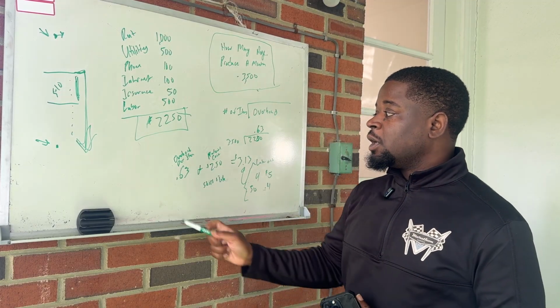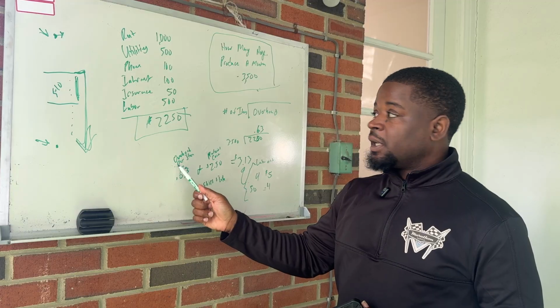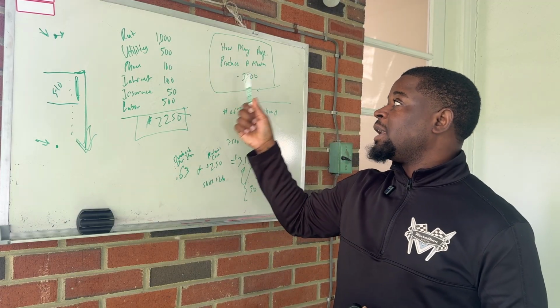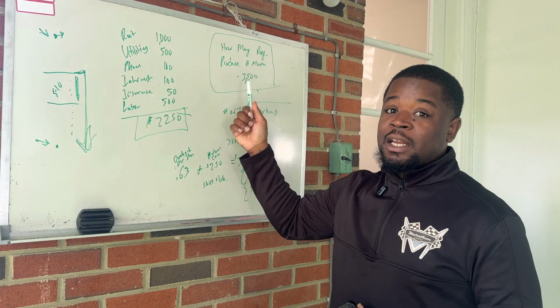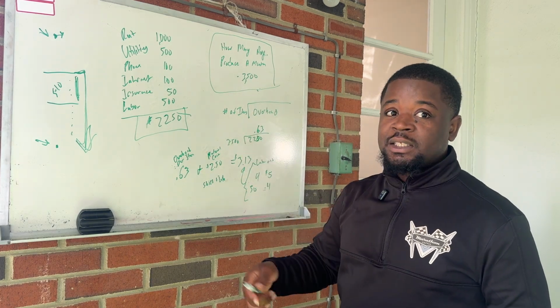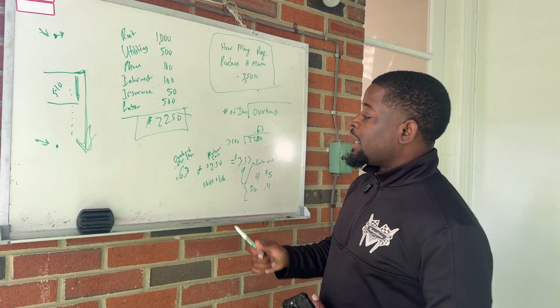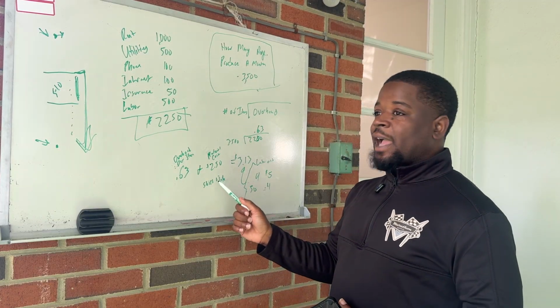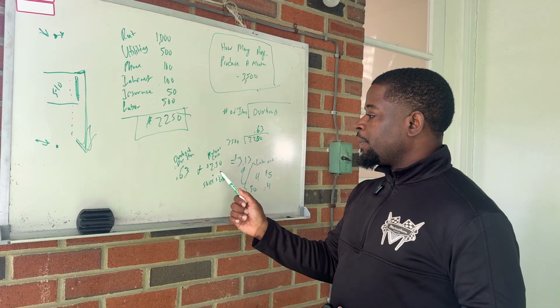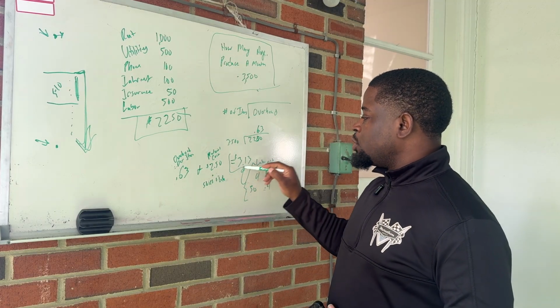It's really simple. Your overhead per item is your utilities divided by the number of garments or items that you can produce per month on a regular basis. You know what I'm saying? And from there, we add our actual physical material cost right here. We put them together and that gives us our true cost to produce an item.